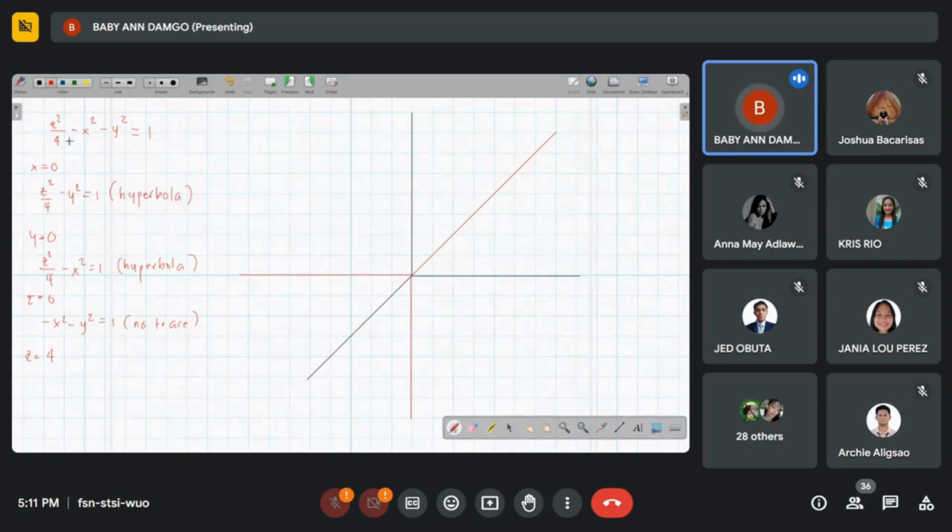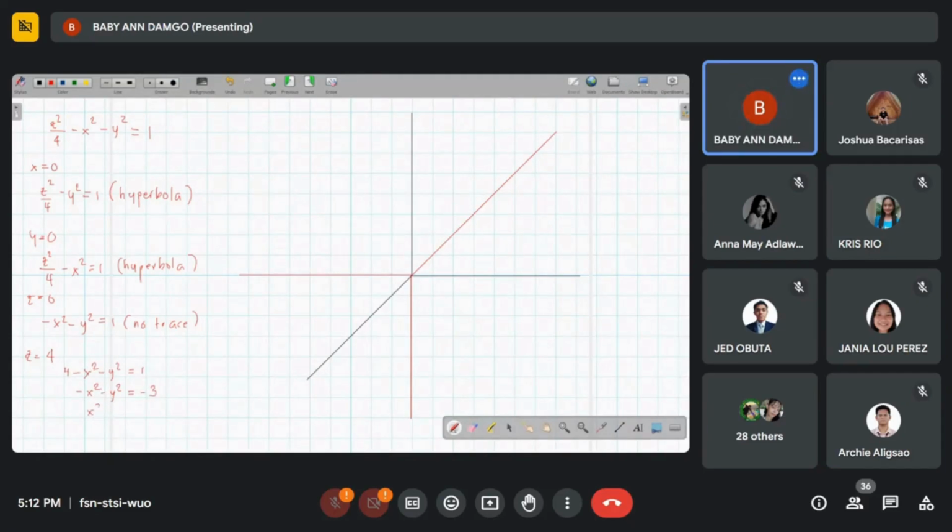So, we have when z is 4, this is 4 squared over 4 is 4. So, 4 minus x squared minus y squared is equal to 1. So, this is negative x squared minus y squared. So, 1 minus 4. So, i-transpose, we have a negative 3.